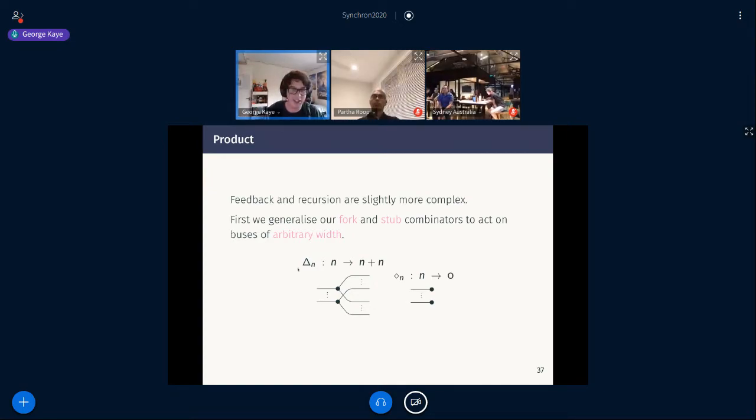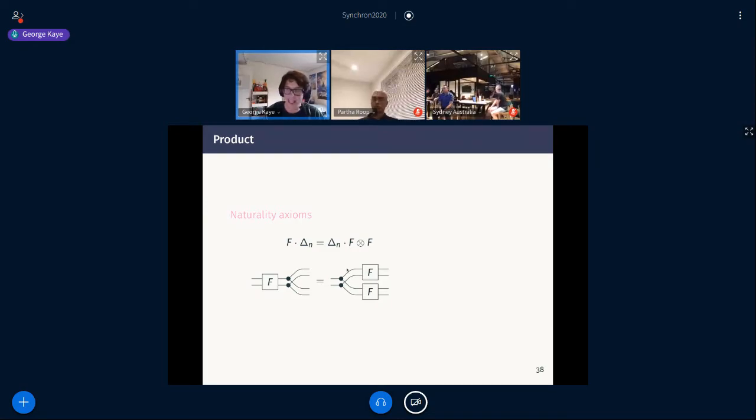So we have this diagonal morphism now, so we can just copy anything, and we have this erase, which can just delete anything. And this is called the product, and means that we can now make use of the naturality axioms. If we have something, again, we can just push it through, duplicate it, and if we have something which is all stubs, we can then forget it all again.